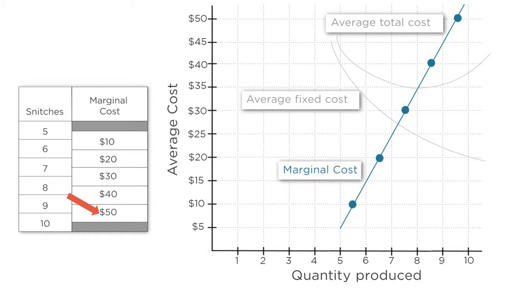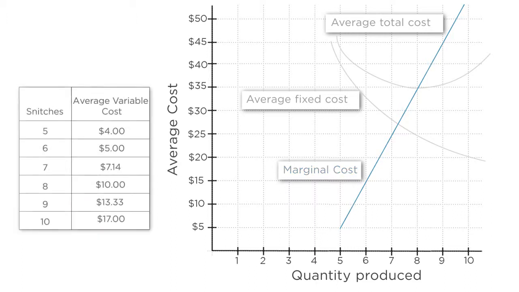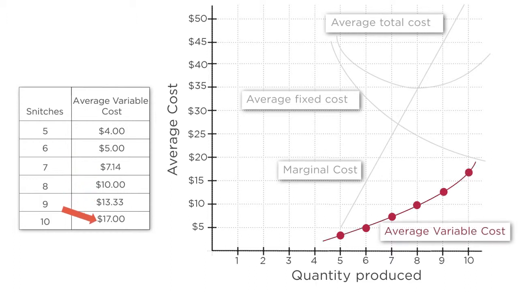The marginal cost is rising because the marginal product is falling as more and more goods are produced. Average variable cost is also rising, but more slowly than marginal cost, as you can see in the graph. Average variable cost is the average over all the units, so rising marginal cost drags it upward, but more slowly.